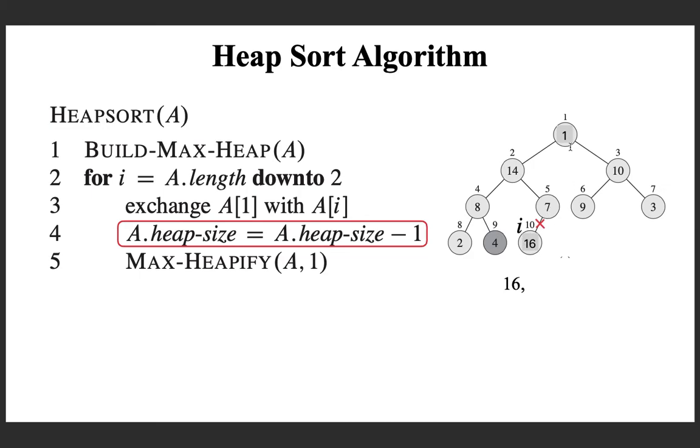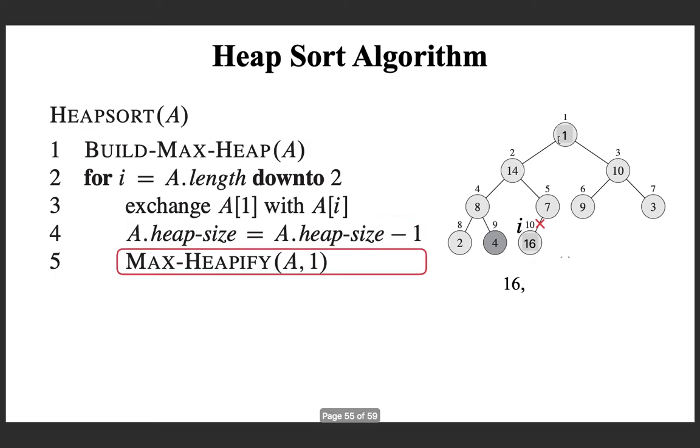And after that, of course, because you changed the content of the root node, you have to call max heapify at the root node, and that is what you do. And if you look at this particular instance, you will see that among these two, 14 is the largest. So 14 will move up and 1 will come down.